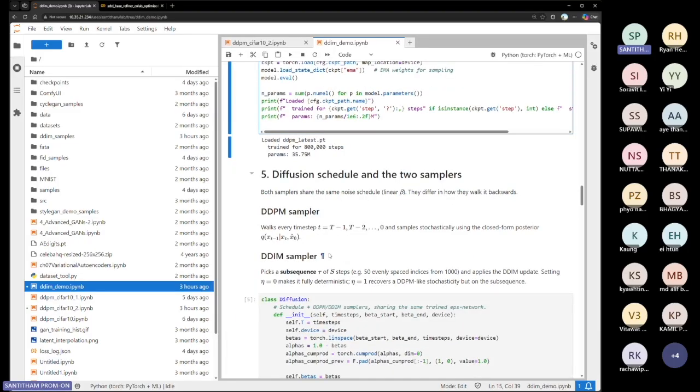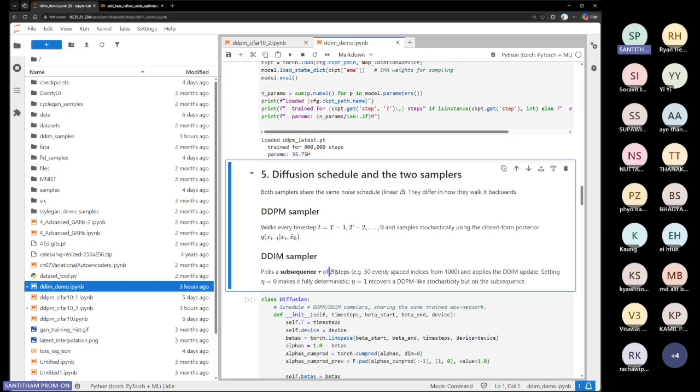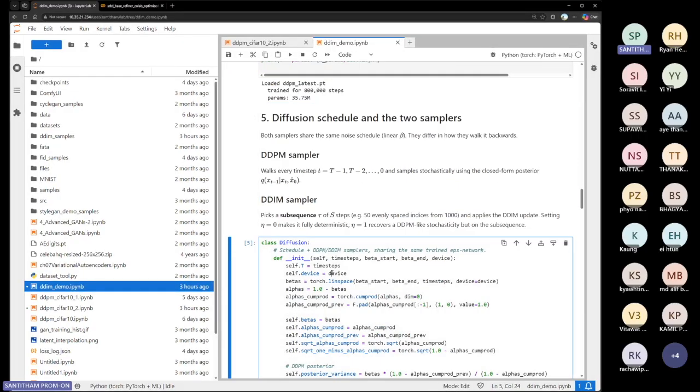And then in terms of DDIM, we would have the step tau set to S steps. Okay, nu equals 0 is fully deterministic. Nu equals 1 is DDPM-like.